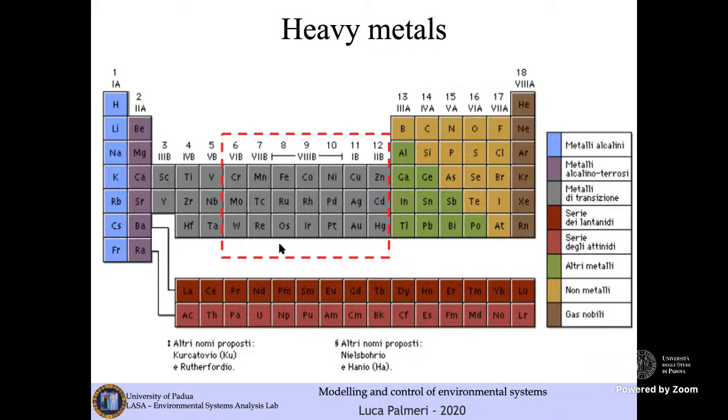But of course, we also have some elements in the confining groups, like for example aluminum or gallium, or in some cases manganese or calcium and so on, that may also behave as heavy metals or may display a behavior similar to that typical of the heavy metals, which are chromium, manganese, iron, cobalt, nickel, copper, zinc, and so on.